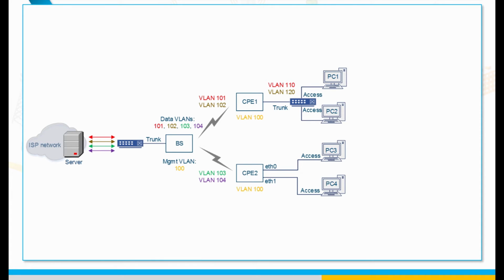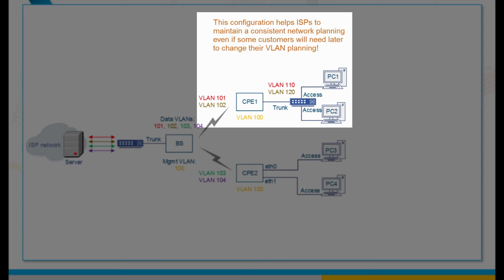The customers behind CPE1 are connected through a switch, and different VLANs are used locally. This helps ISPs to maintain a consistent network planning, even if some customers will need later to change their VLANs planning. Using InfiNet CPEs, ISPs can easily perform any VLAN changes for their customers at the CPE level without the need to change the VLAN's planning set for the base stations and for the other backhauling links.